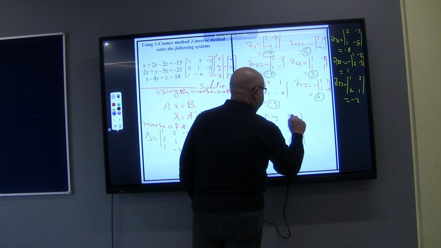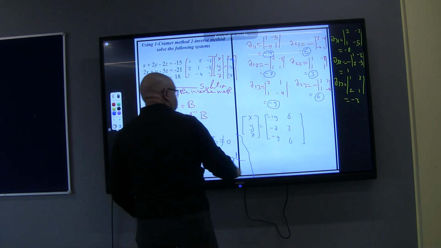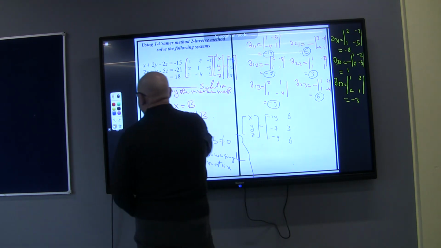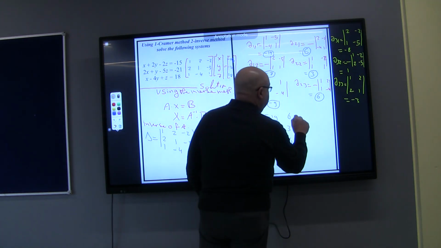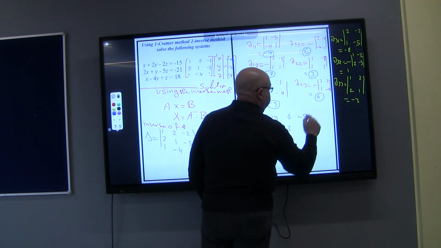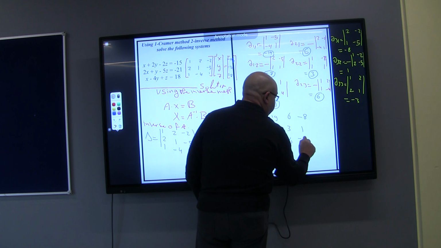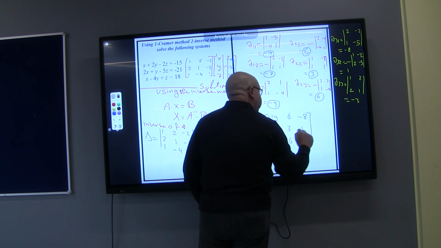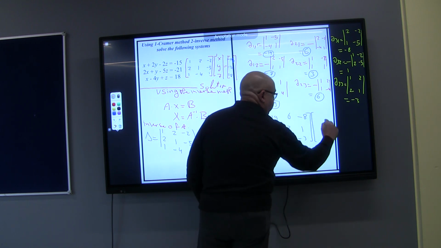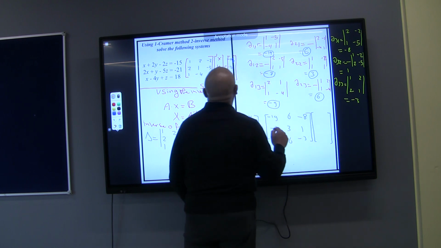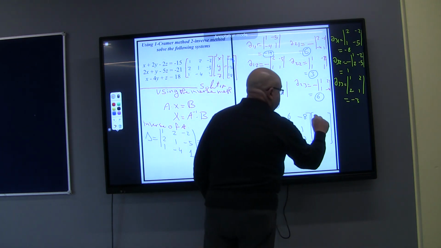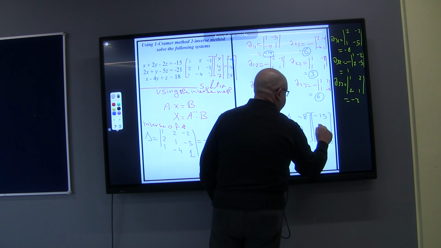For the last one, it's going to be negative 8, then positive 1, then negative 3. This inverse matrix will be multiplied by the result, which is negative 15, negative 21, and 18.